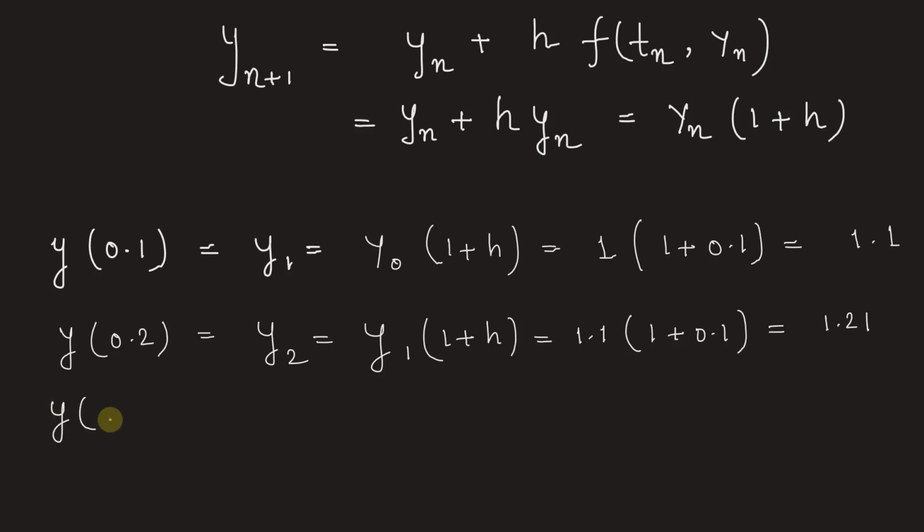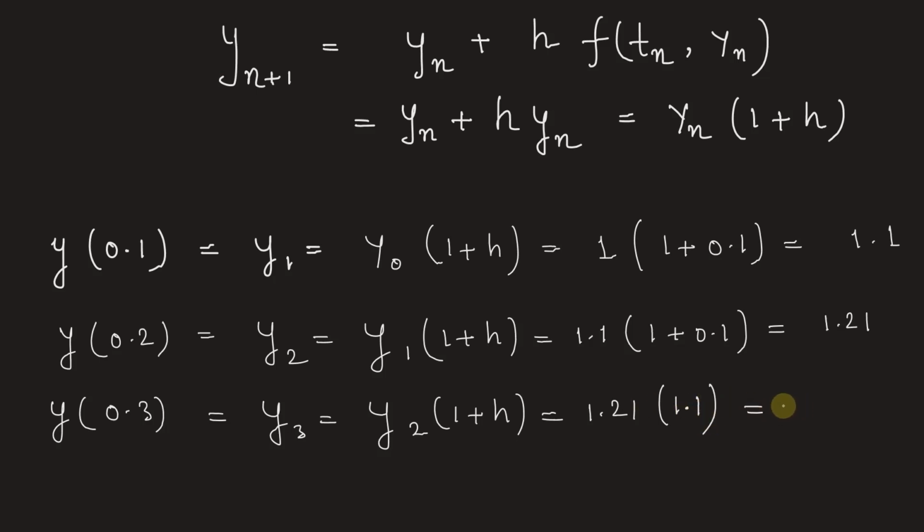Now let's calculate y of 0.3. So this will be equal to y3, and this is y2 into 1 plus h. So y2 is 1.21 and we can just directly write 1.1. Okay, in all the iterations, we can just directly write 1.1.